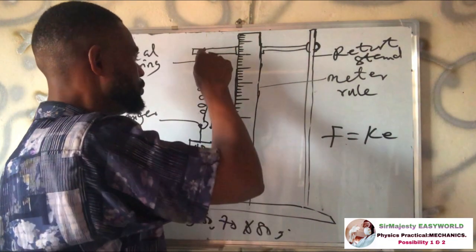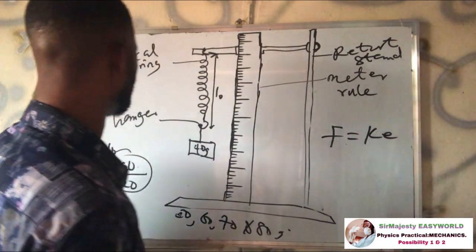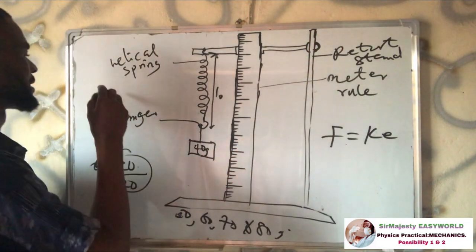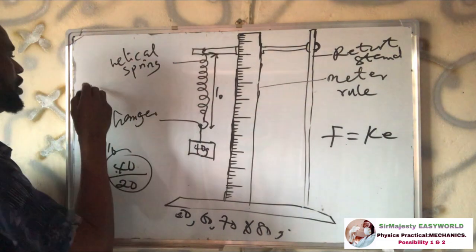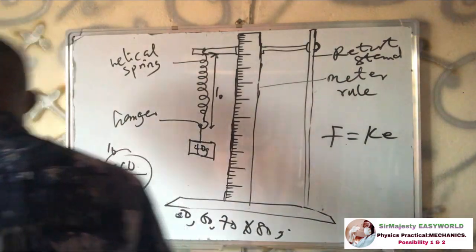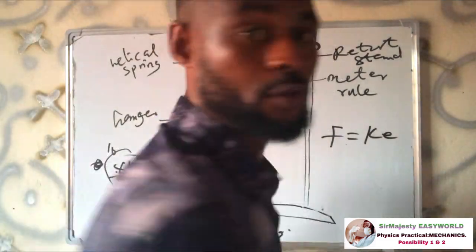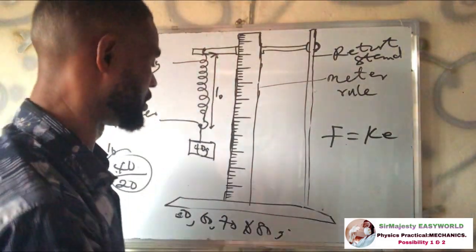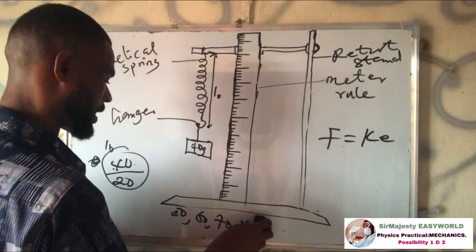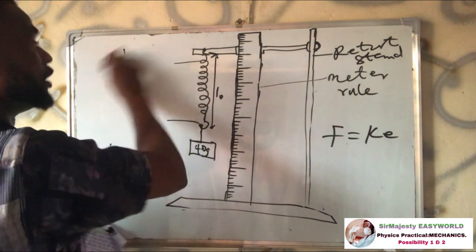Just measure the original length of the spring you provided. Assuming the original length of the spring you provided for me is, let's say, my l0. I want to show you how you can do it if you don't want to suffer much on that practical day or in any exam you are writing, provided you are still following the instructions given to you by the question.